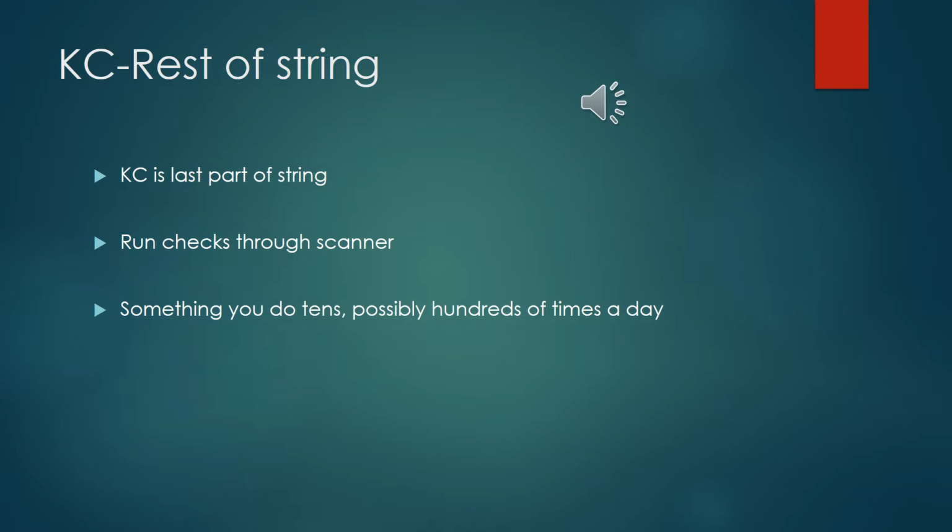Once you've looked over the check history and verified that there's no check kiting or branch hopping or anything funky going on, you can move on to the rest of the process. And as you guys are all familiar, the KC part of it is just the running of the checks through your check scanner, something you guys do probably tens, hundreds of times a day. So we won't go into that.